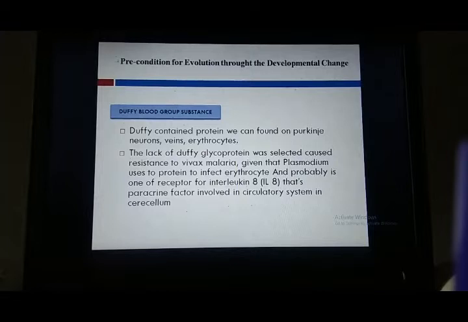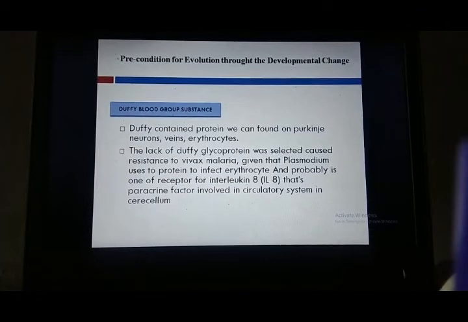The lack of the Duffy glycoprotein was selected, causing resistance to vivax malaria, given that Plasmodium uses the protein to infect the erythrocyte. It is probably also a receptor of interleukin-8, or the code IL-8. This paracrine factor is involved in the circulatory system and in the cerebellum.